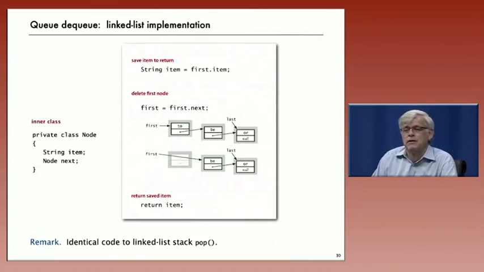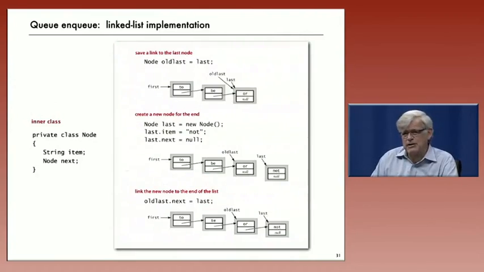So identical. To add a node, or enqueue, to a linked list, we want to put it at the end, so that'll be the last one returned. To add it at the end, the first thing we need to do is save a link to the last node.